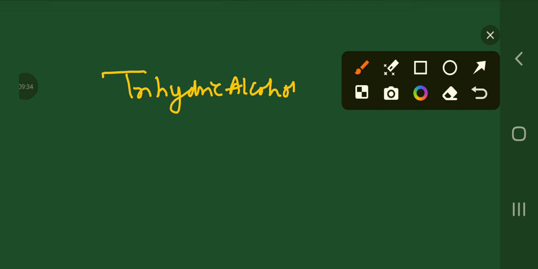Now, trihydric alcohol. By its name, it is quite clear that there will be three OH groups, and that's why it is said to be trihydric alcohol, also known as triol.